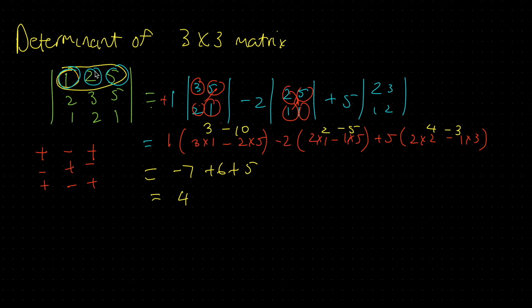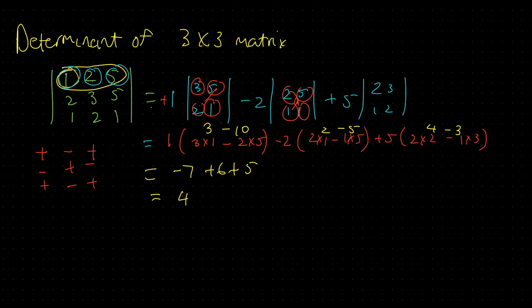So if we, for instance, take the second row, we can take any row, any column. The second column is going to be minus 2, plus 3, minus 2. The last row is going to be plus 1, minus 2, plus 1. So you'll see you can use this shortcut to determine the matrix.